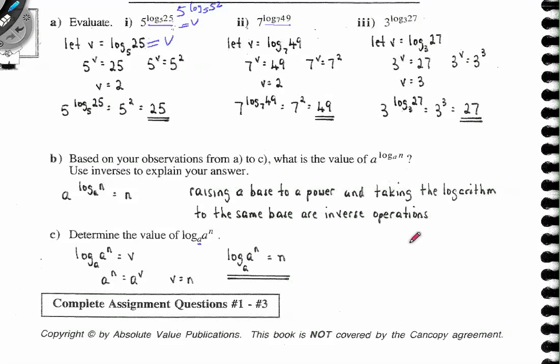Here's a base, raising it to a power, and then taking the log of this to the same base, base A, that actually equals n, because they're inverse operations. And that's what's being stated right here.